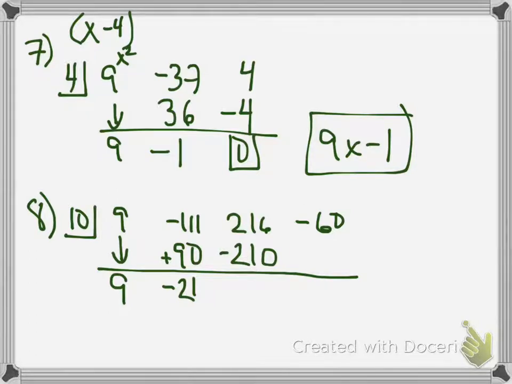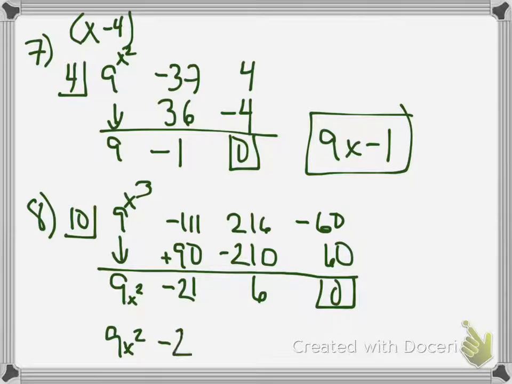And then 216 minus 210 would be 6. And 10 times 6 is 60. And I would get a 0. Now again, keep in mind if this was x cubed, this one is x squared. So I have 9x squared minus 21x plus 6. So they came out even. And again, if you wanted me to show you this by long division, I can do that in class. But I would not do that here.